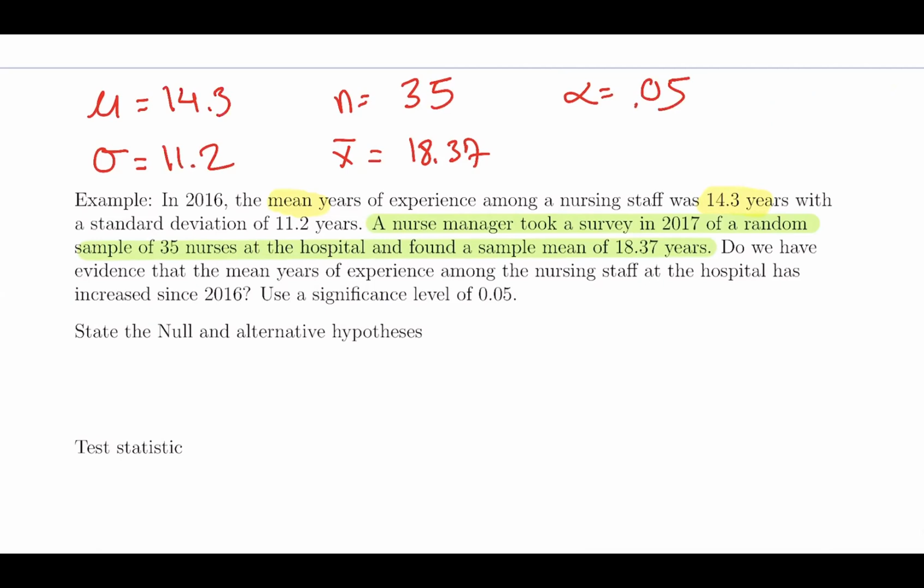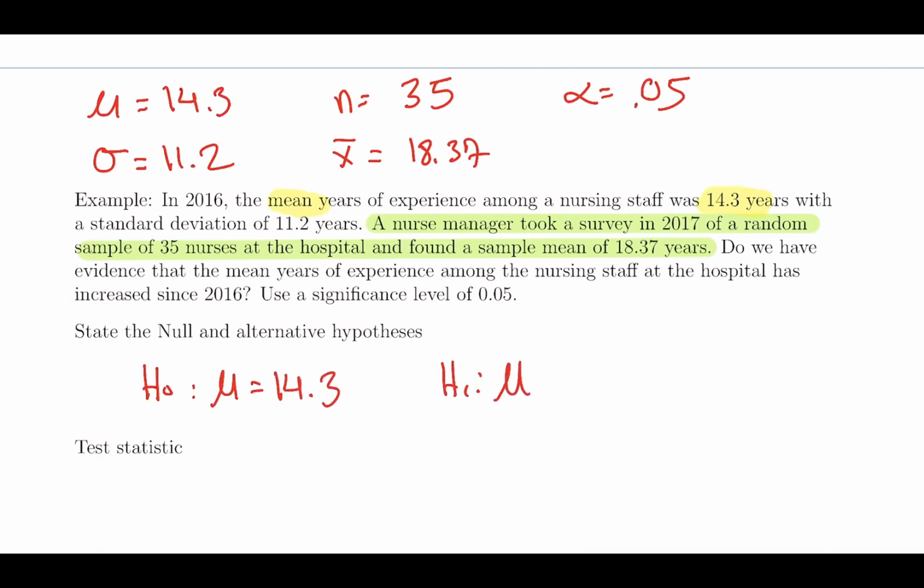All right, so let's do the null and alternate hypothesis. For the null hypothesis, we're going to assume whatever the mean was before is still that value. They told us the mean years of experience in 2016 was 14.3, so we're going to assume it's still 14.3. So mu is equal to 14.3.